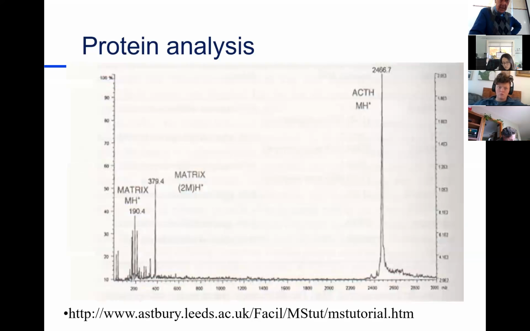This is an example of a protein. What's its mass? It's hard to read here. 3,000 something? Oh, it's easy to read up there, isn't it? Okay. So it's a fairly low molecular weight protein, but very nice.